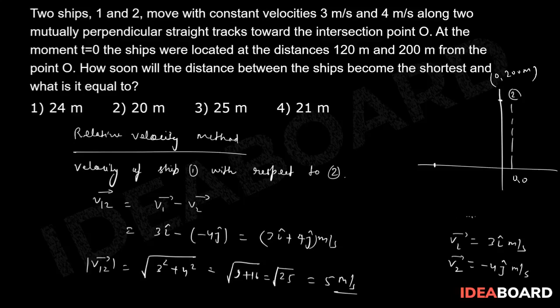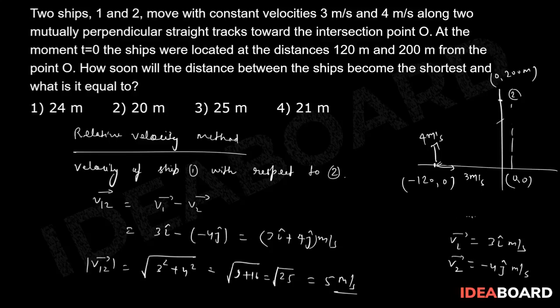If I take this as origin, ship 1 would be at minus 120, 0. Of course, this is 4 meter per second and this was 3 meter per second. We can also calculate the angle phi.